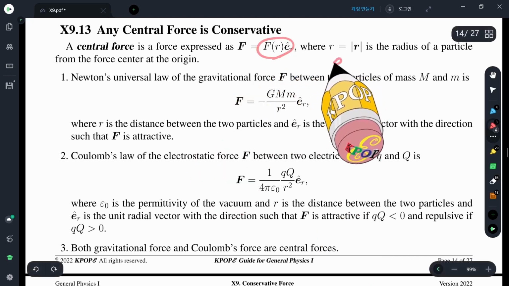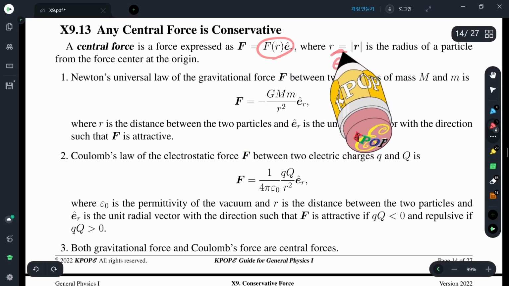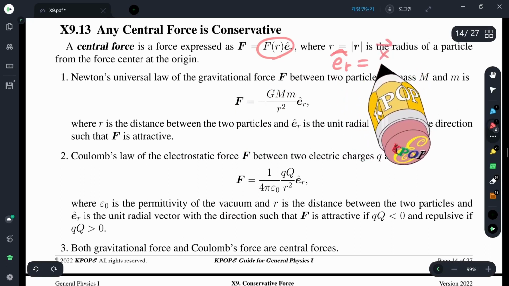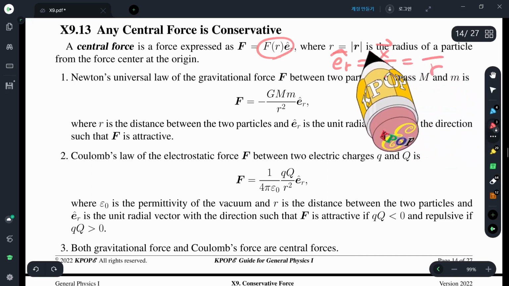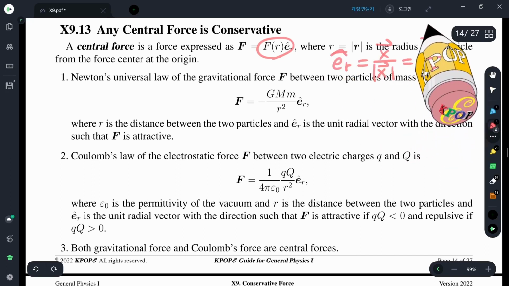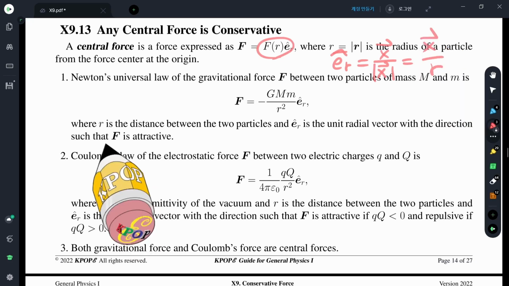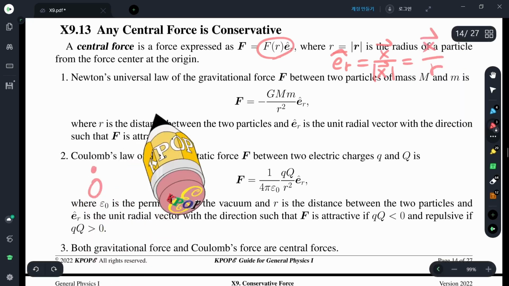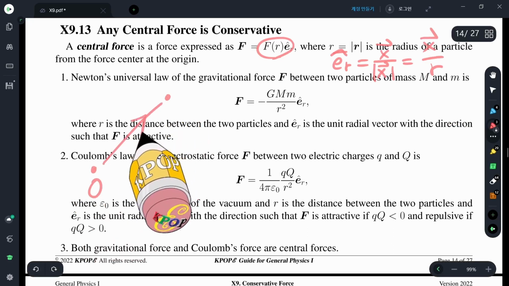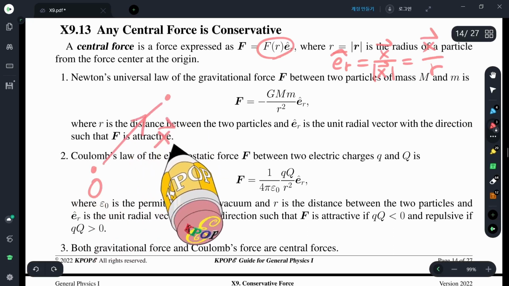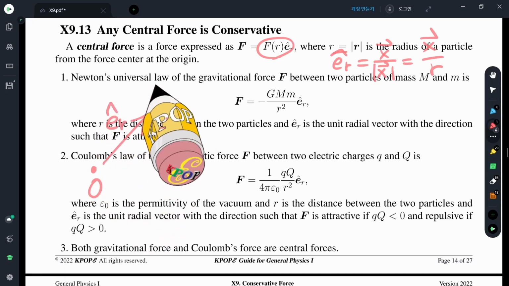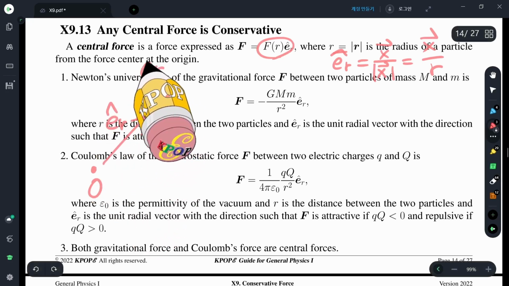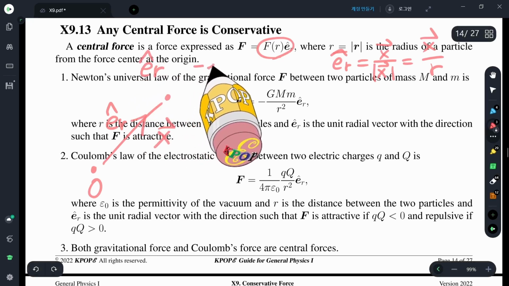What is e_r? The unit vector e_r is the position vector x divided by its own magnitude, and the magnitude is called r. Okay, there's the origin, and there's a particle with a position vector, and the e_r hat is along this direction, either parallel or anti-parallel to e_r.